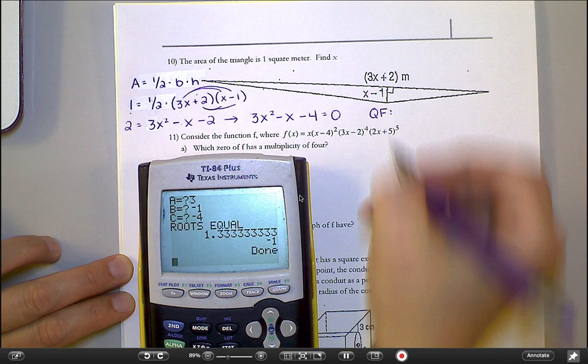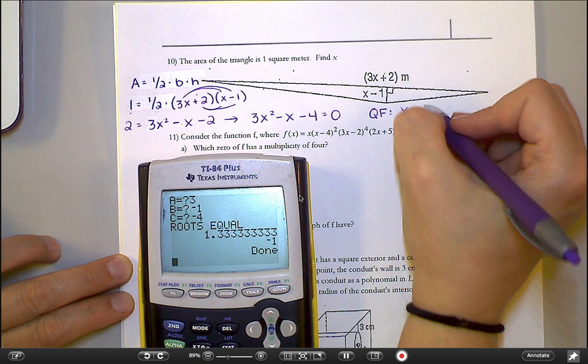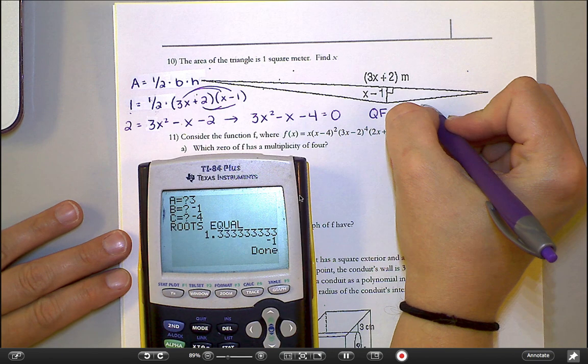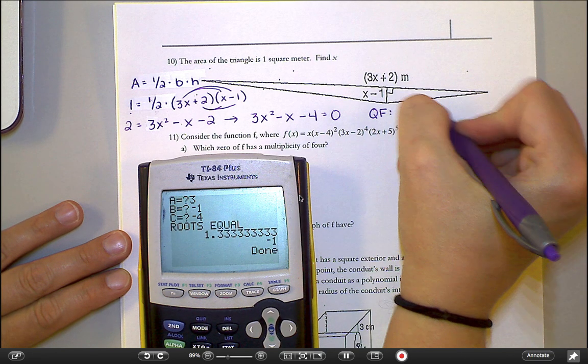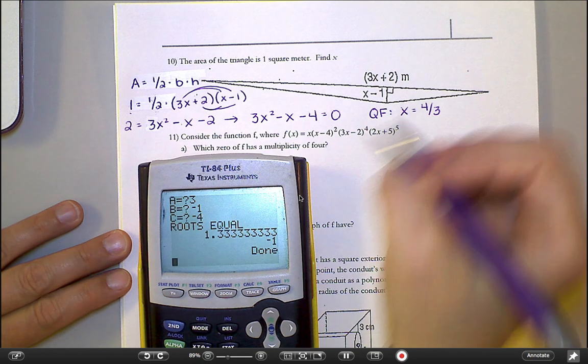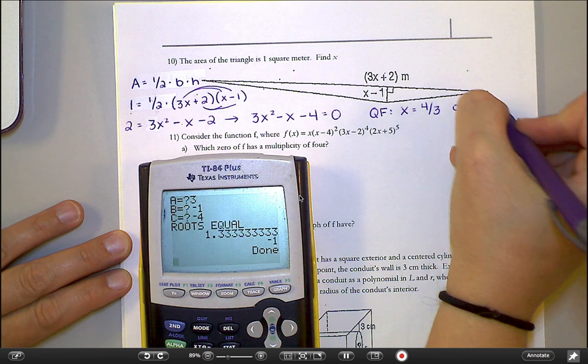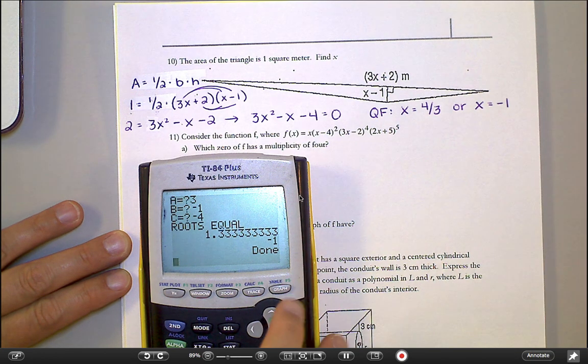And I get that x could be 1.3 repeating, which is 1 1/3, otherwise known as 4/3. If you would put 1.3, that's okay too. I just don't like repeating decimals. Or x equals -1, from the quadratic formula.